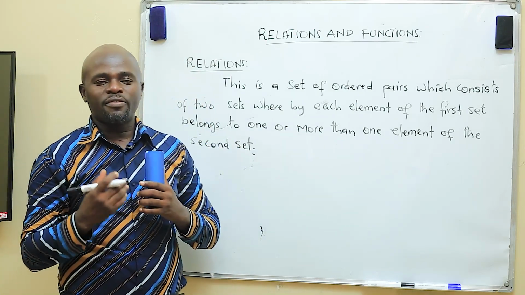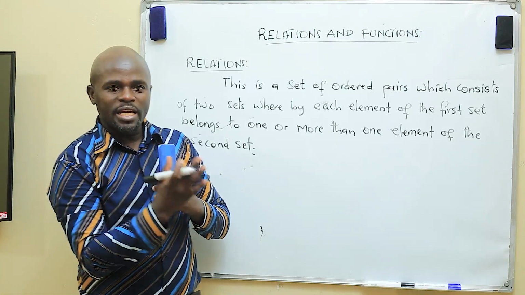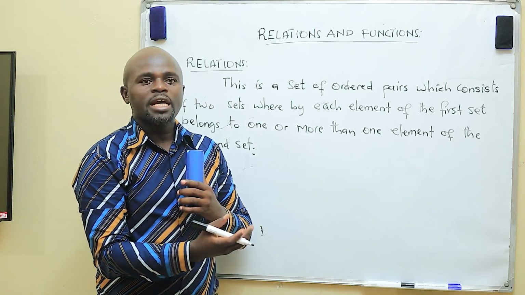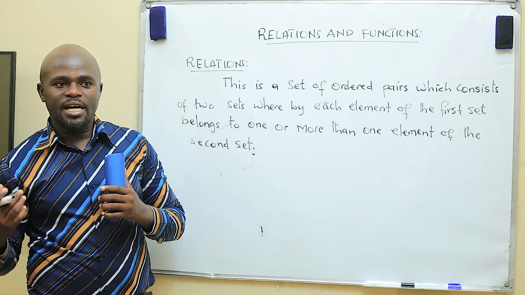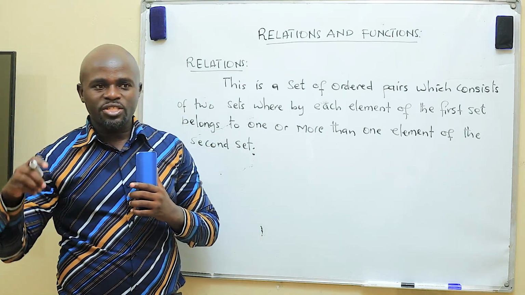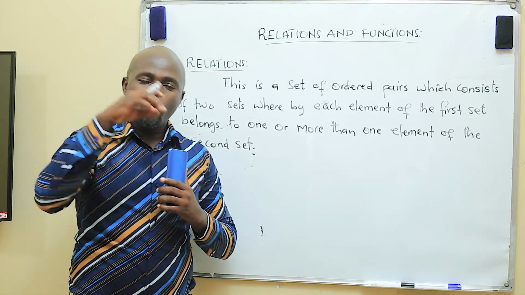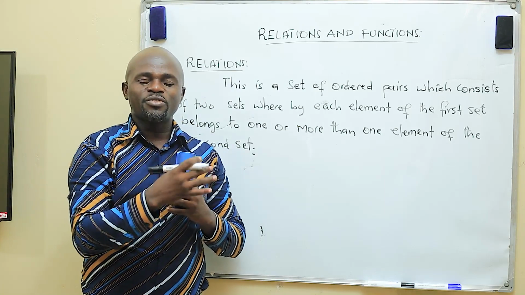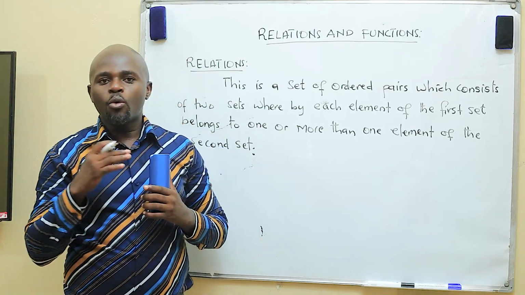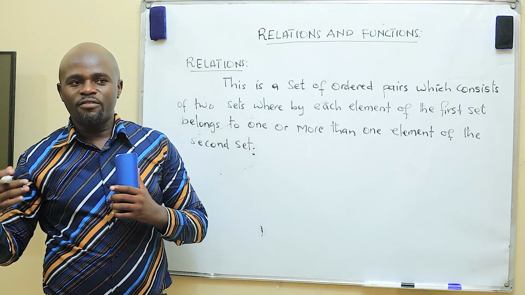When I say vice versa is true, it means one element of the second set can also relate with more than one element of the first set. So an element of the first set can relate with one or more elements of the second set, and an element of the second set can relate with one or more elements of the first set.